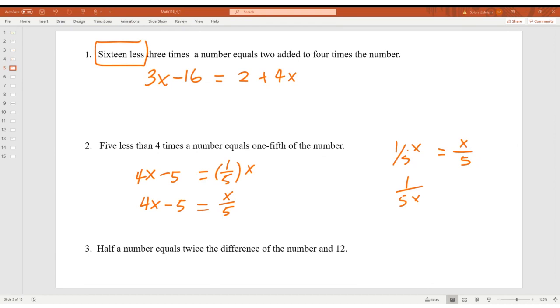Okay, anyone for number 3? Be quick. We're taking time.